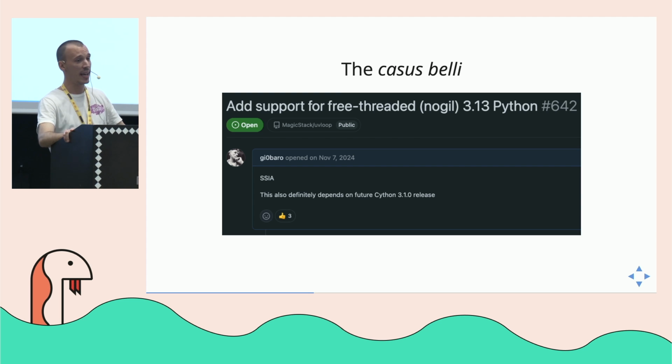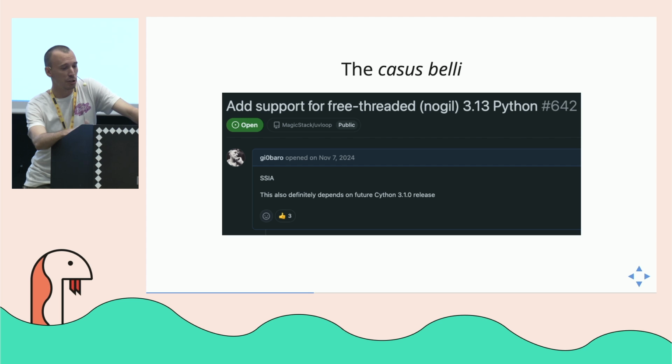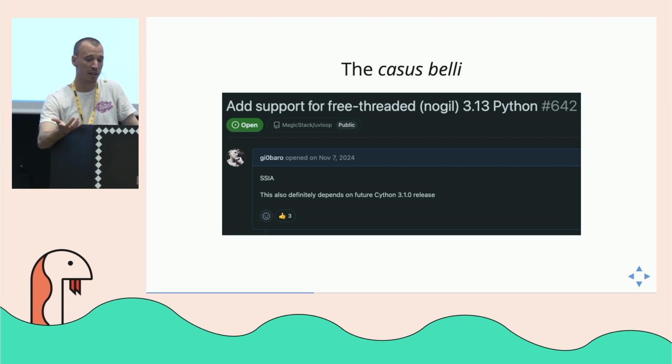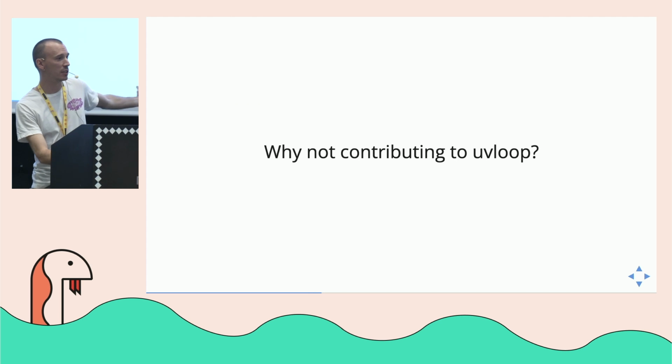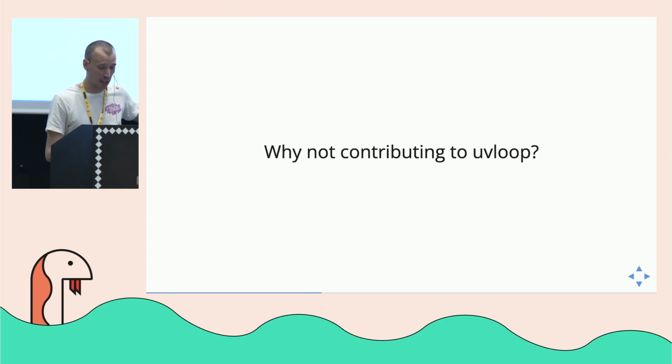So at some point, free-threaded Python came out. Hey, I want to use uvloop. No, I can't, because they don't support it. So I opened an issue. That issue is still there. Nobody showed up on that. Okay, so your next question would be, why don't you do the thing yourself on uvloop, and contribute to it?